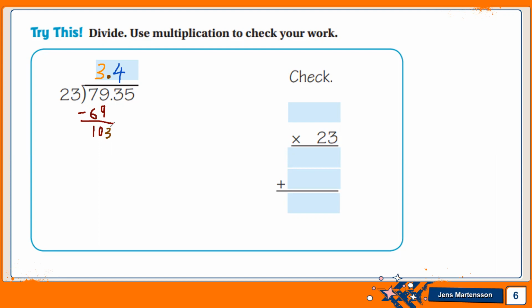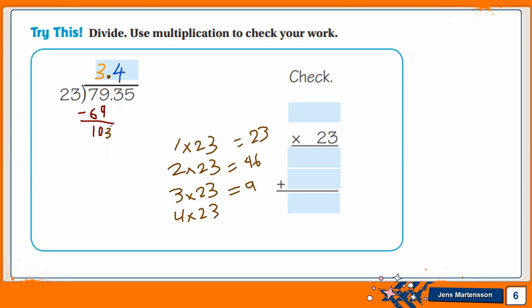Say, write the multiplication table of 23. 1 times 23, 2 times 23, 3 times 23, 4 times 23, then 23, 46, 69, 92, and 115.